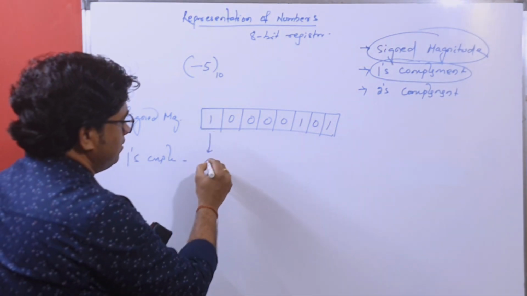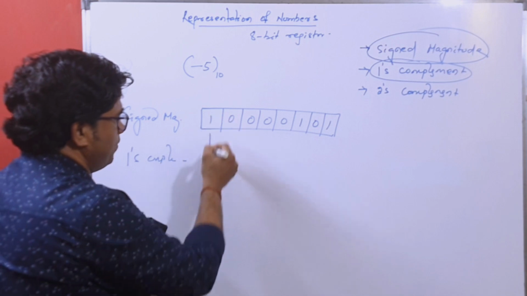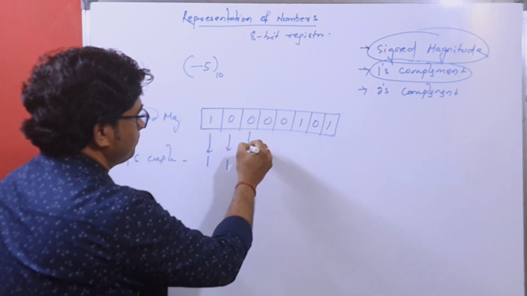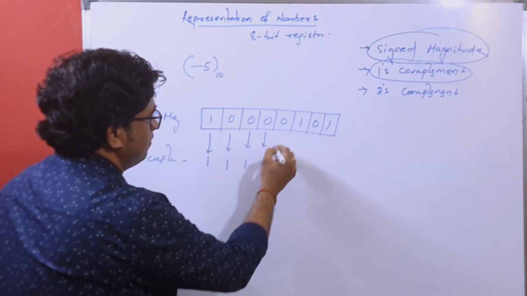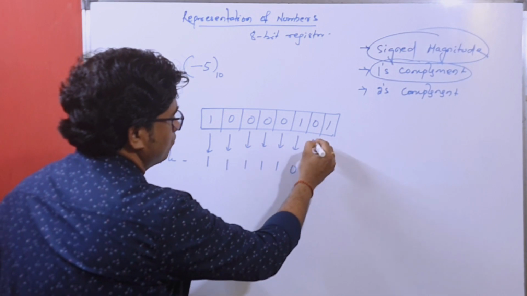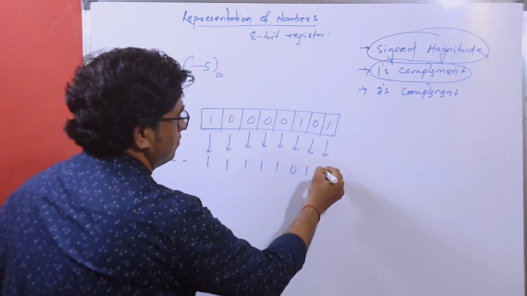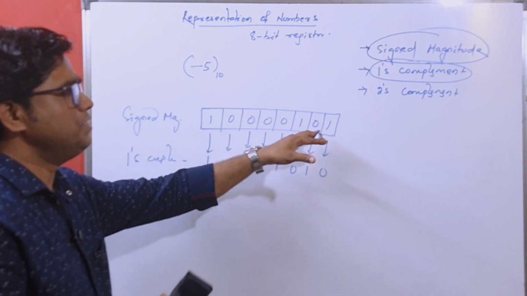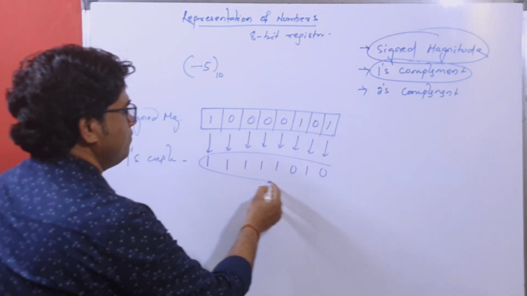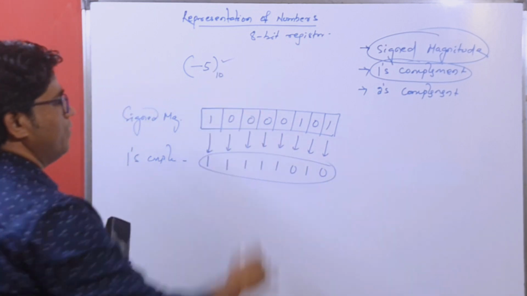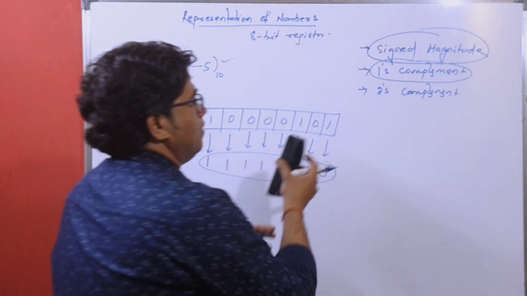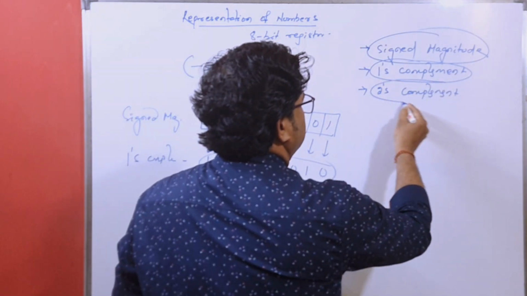As it is a sign bit, simply place the sign bit here, and then each 0 will be converted into 1 and each 1 will be converted into 0, or you subtract each bit from 1. So this is the 1's complement of minus 5. Very simple, right?